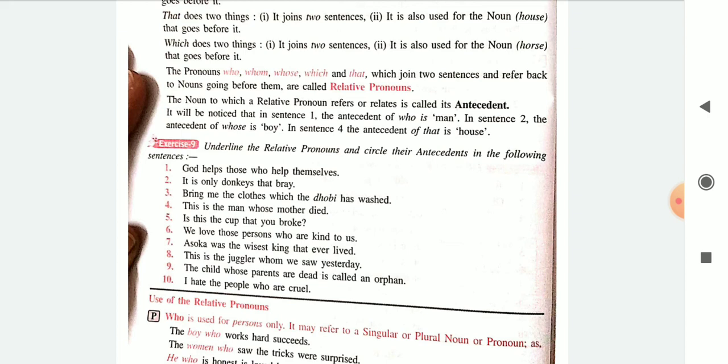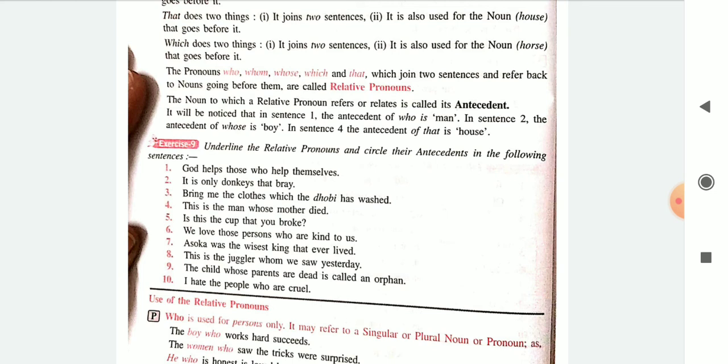God helps those who help themselves. So here we have who. You just have to circle or underline who. We are just doing relative pronouns, not the antecedent. In the second one, it is only donkeys that bray. So here we have that.